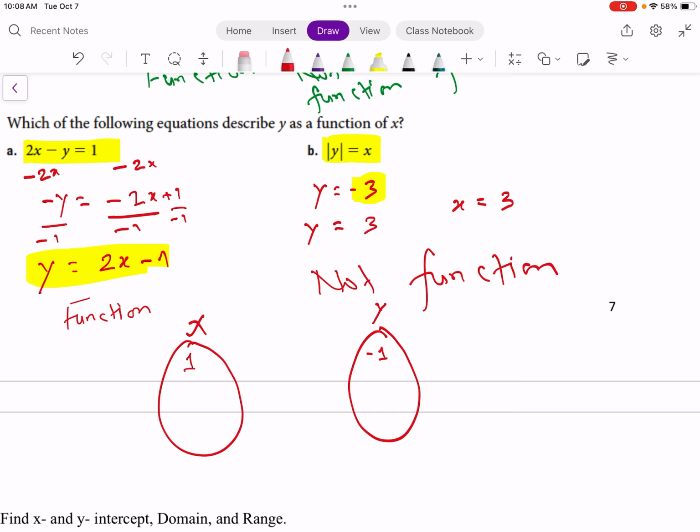Now let me take y equals +1. If our y is +1, what is the absolute value of +1? It is 1, which is our x. Now let me take y equals -2. Absolute value of -2 is +2.